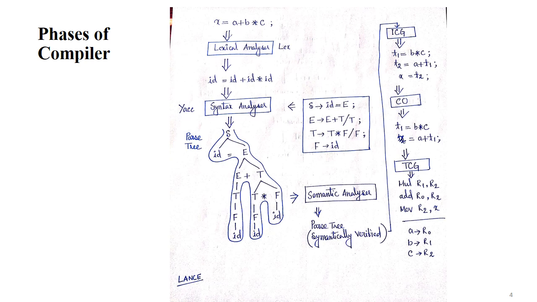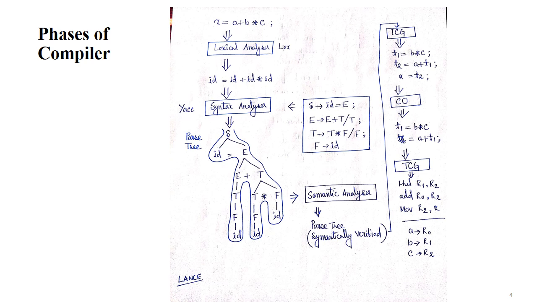In the symbol table, the compiler stores all the information related to the high-level language. So finite automata comes into play in the lexical analyzer, and it converts your high-level language to a stream of tokens.